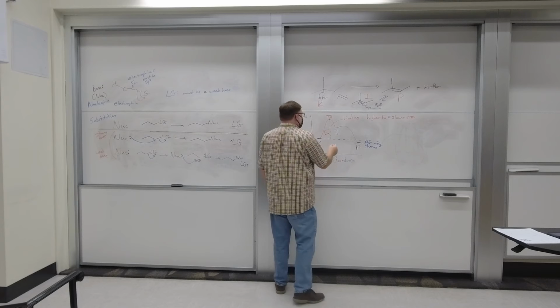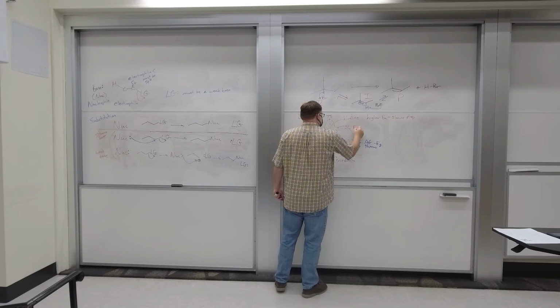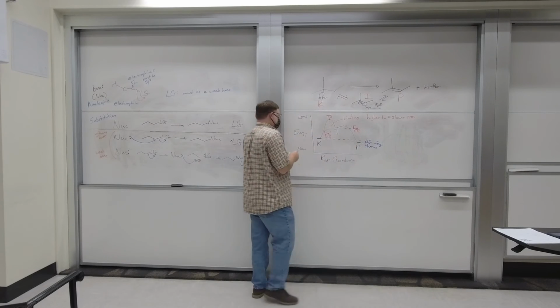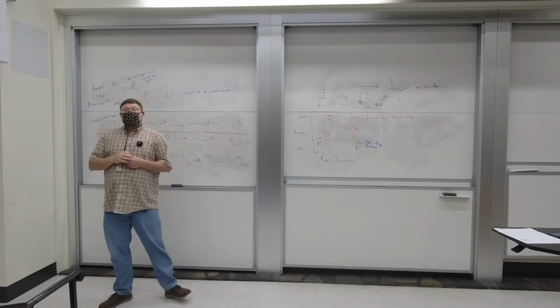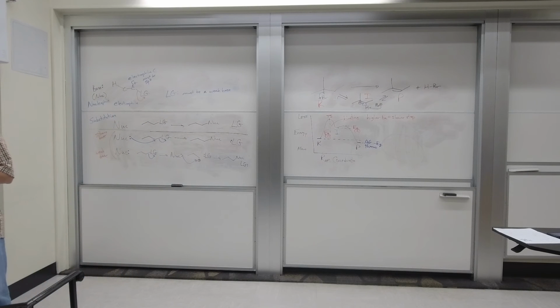All right? And we've got an energy of activation in both of these. So EA in the first step and EA in the second step. Clearly, then, the first step here is slower, right? And that should make chemical sense to you guys.